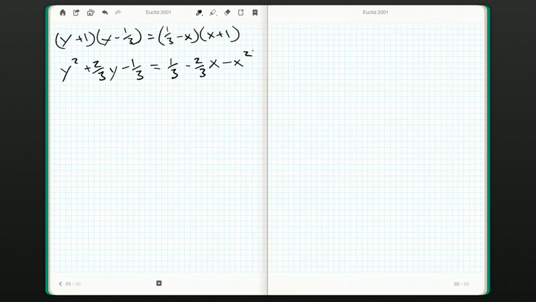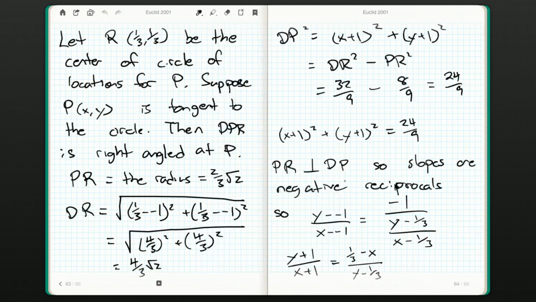I don't really see this helping at all. Is there something easier I could be doing? So now x plus 1 squared plus y plus 1 squared should be 24 over 9. I was hoping to get something more substantial, like get an x and a y here.